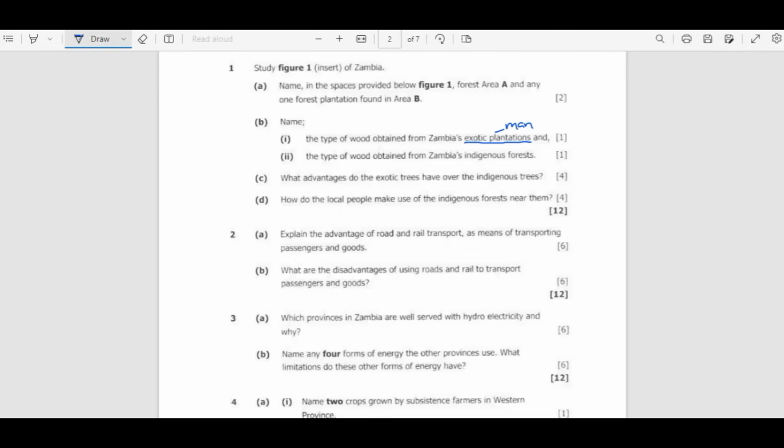So the type is, number one, it is a soft wood. So soft wood, or others may say soft timber.